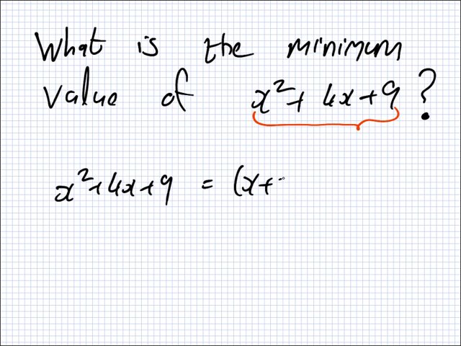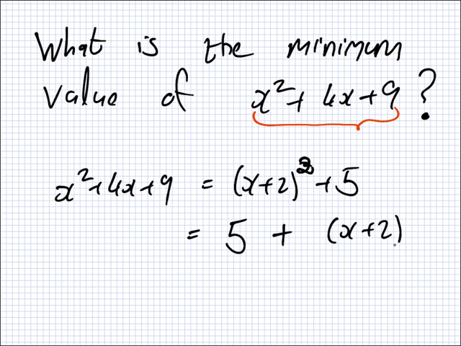That would be x plus 2 squared plus 5 will be the answer. Now if you look at this carefully, and actually I'll write it this way, 5 plus x plus 2 squared. Yeah, what is the smallest value that this could take? It could be 0, and that happens when x is minus 2.